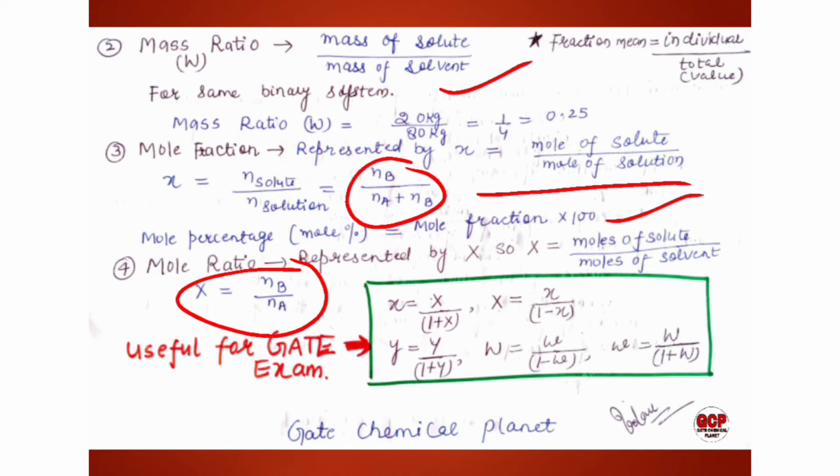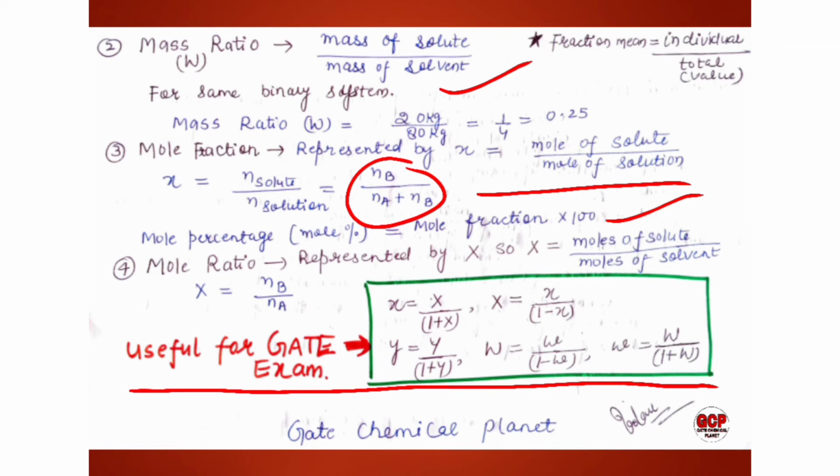Okay, so student, here I have written some useful identities for GATE exams. It is very useful for calculation purposes. So learn all these formulas given here. Small x equals capital X divided by 1 plus capital X. Capital X equals small x divided by 1 minus small x.